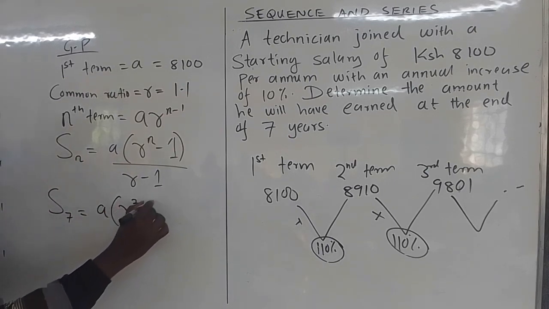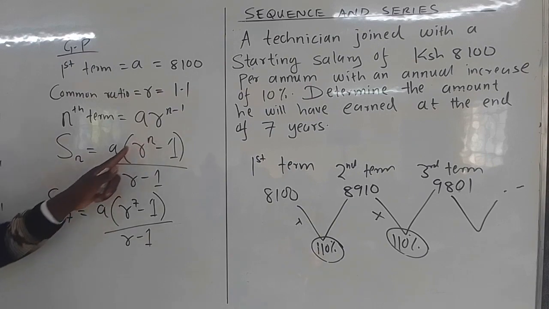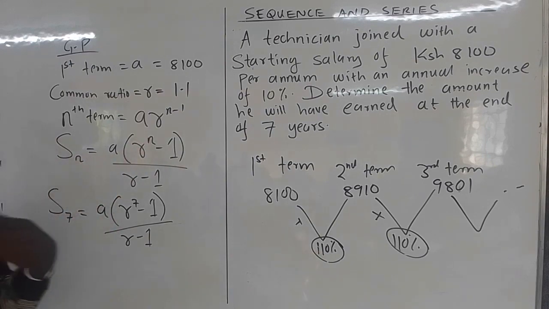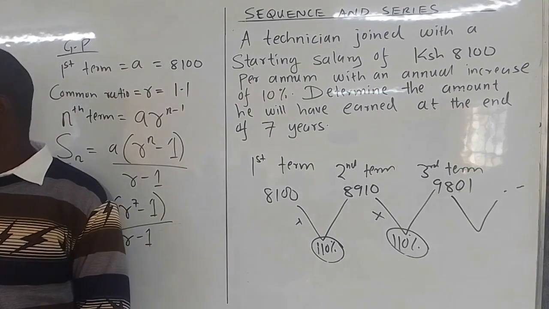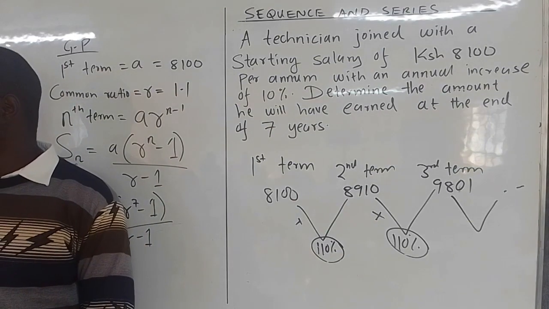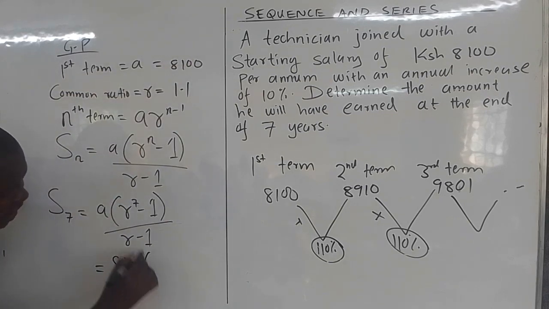When n is 7, the sum of the 7 years will be what? a times r raised to power 7 minus 1 over r minus 1. Where there is n, you put 7. So the sum of 7 terms will be the amount he will have earned at the end of 7 years, isn't it? Are we together? So what do you get there? You just substitute. Your A, the first term, is 8,100.